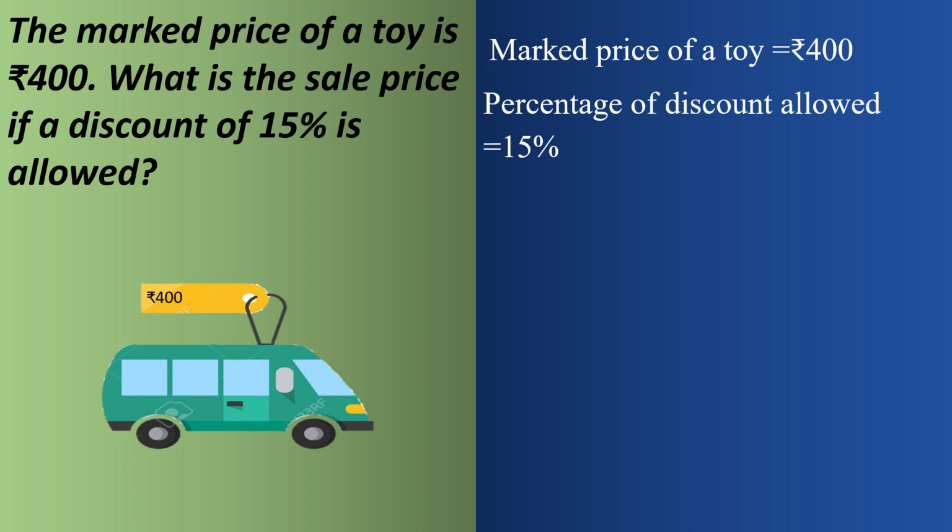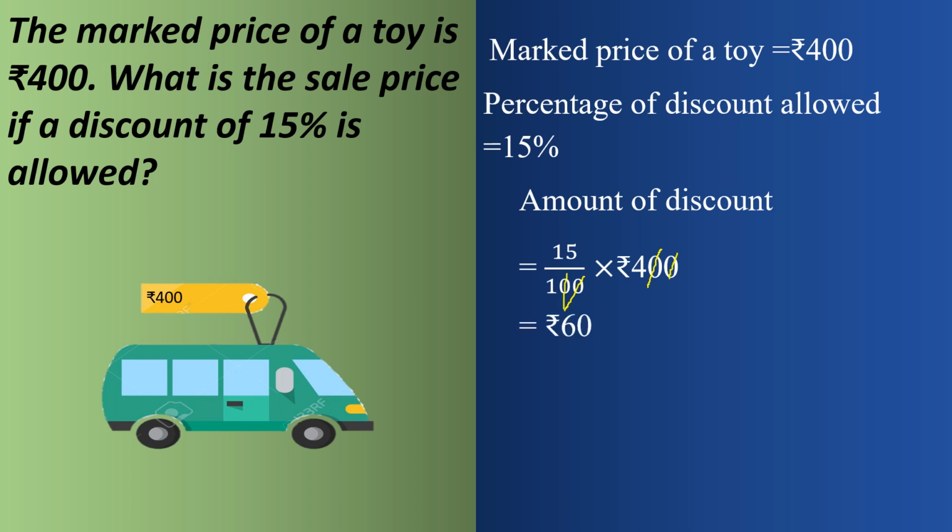So what is the amount of discount? That is 15% of 400. So how will we find out? 15 by 100 multiplied by rupees 400. Just solve it, and to solve we will cancel these zeros by these zeros, and here 15 fours are rupees 60. So the discount is rupees 60.